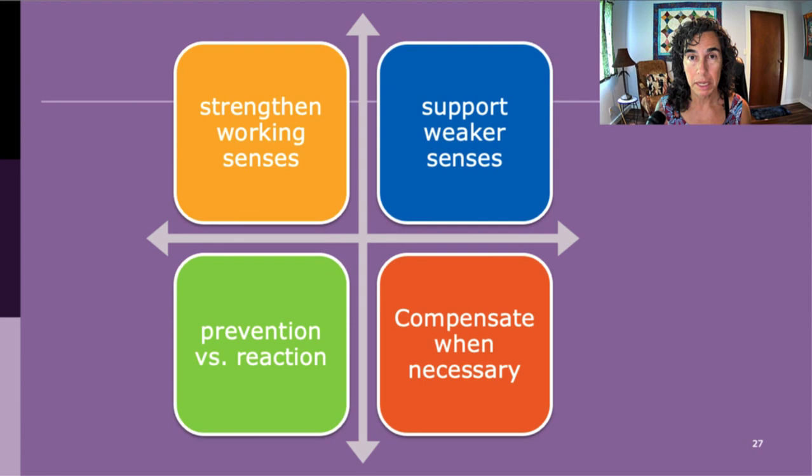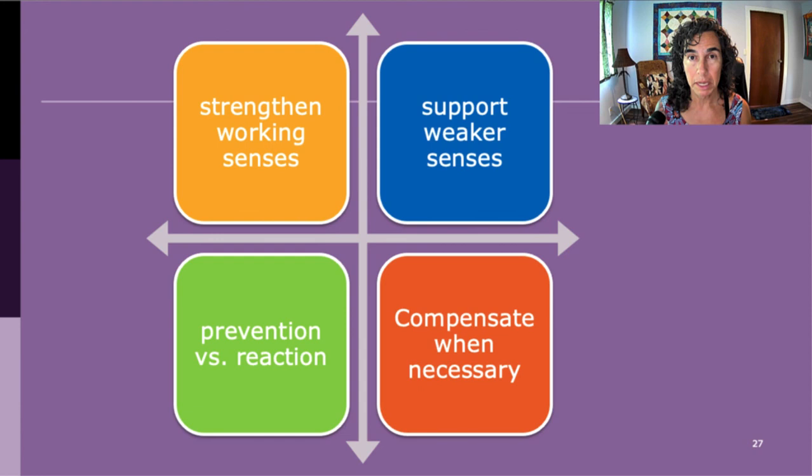So I just want to give you a preview of this. What are our goals when we work on sensory integration? Well, weirdly, it's not just that the child's vestibular is not working well, so we're going to strengthen that. We want to support systems that are not working well, but we want to also work on the senses that are working well.